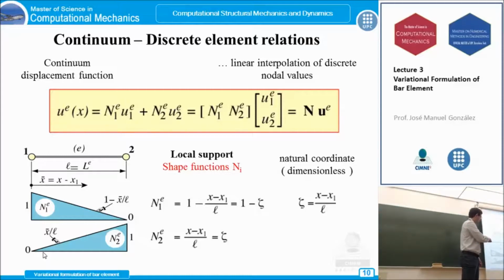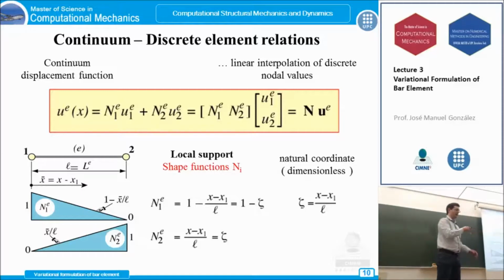If we get the analytic expressions for these shape functions using these conditions, the first shape function is 1 minus (x minus x1) divided by L, where x1 is the coordinate of the first node and L is the length of this bar element.